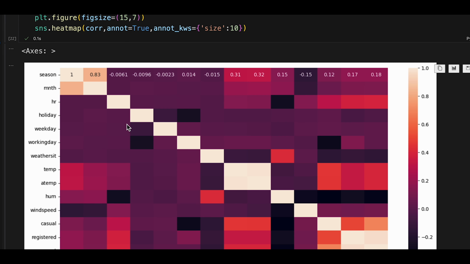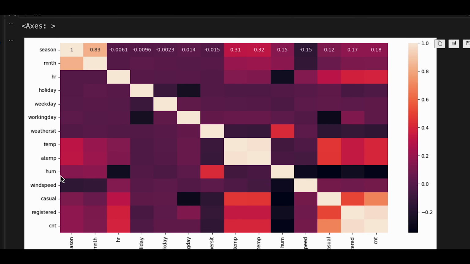By observing this graph, I can understand that month and season are highly correlated, and temperature and air temperature are highly correlated. So between these two, we can only use one feature instead of going with two. And similarly, between these two also, we can go with one feature instead of going with two. Okay, that is what we can do.